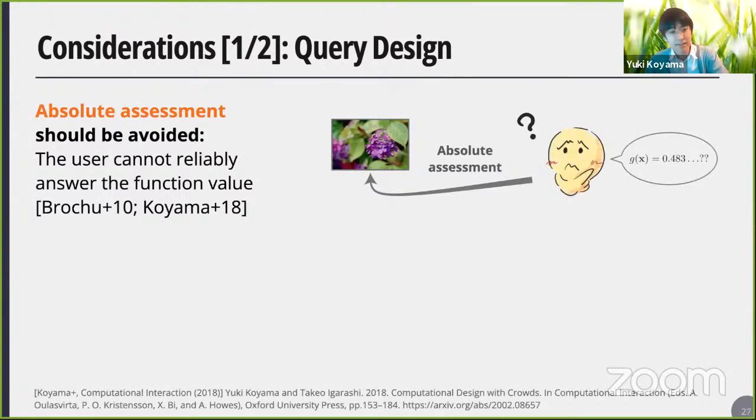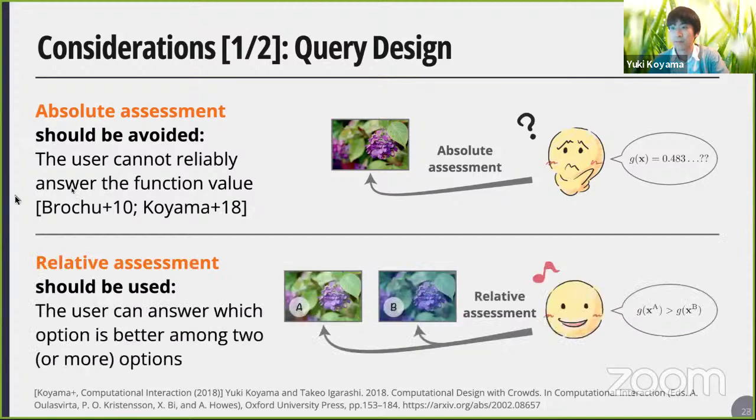And when taking this approach, we need to care about some points. So the first point is about the query design for human processors. And generally speaking, absolute assessment or absolute scoring should be avoided since the user cannot reliably answer the value. For example, given a single photograph, asking the human to provide a single score is not reasonable because, for example, there is no baseline and so on.